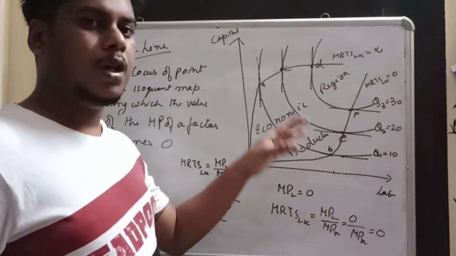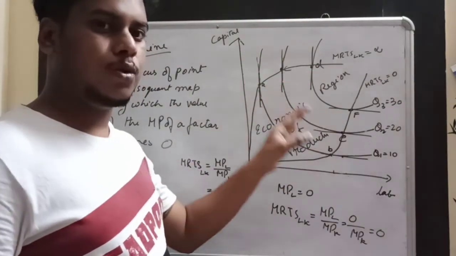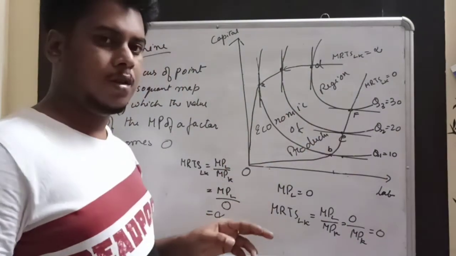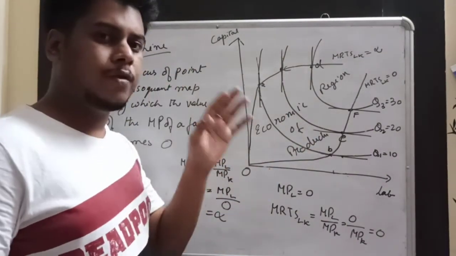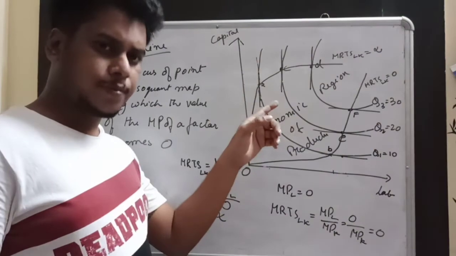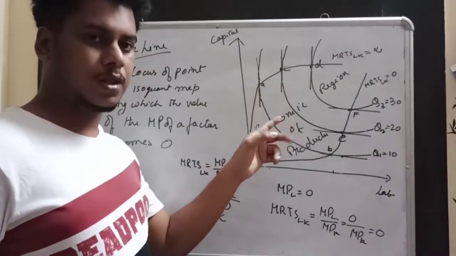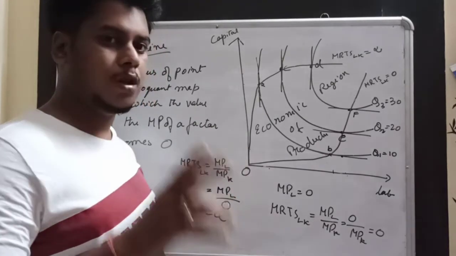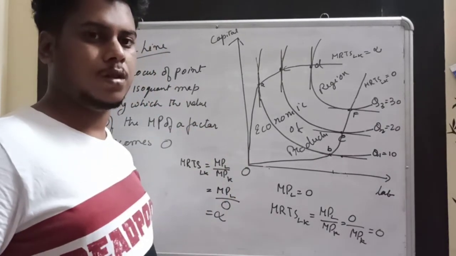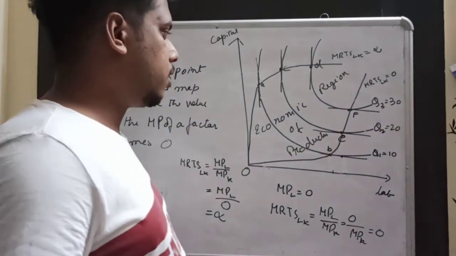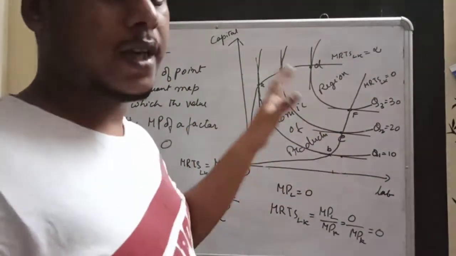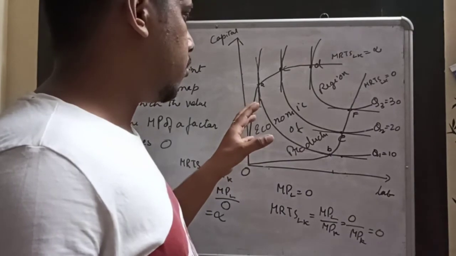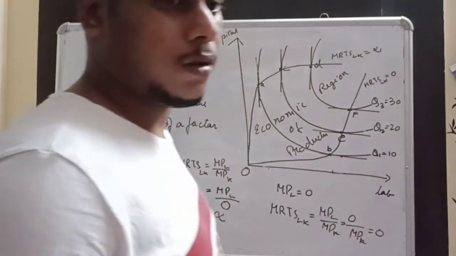So you should stick to this region and choose those combinations which fall within this region. Again I am saying, any point within this region will give you a combination of two inputs which are logical for your production. Okay, so this is the concept of the ridge line and the economic region of production.